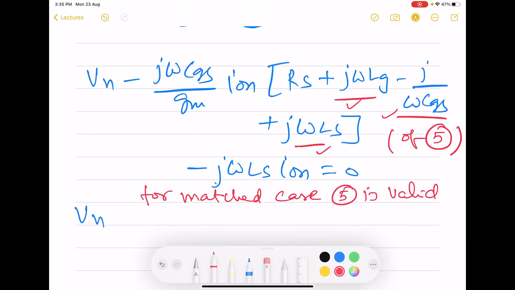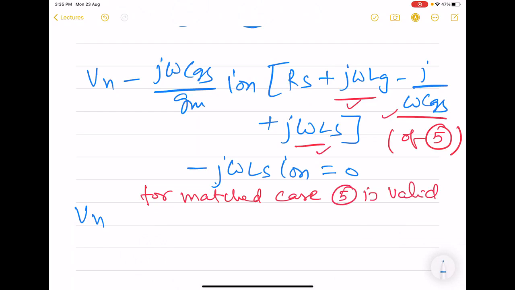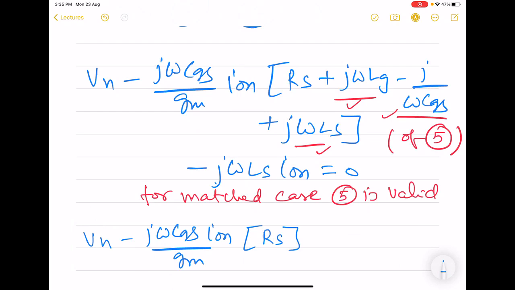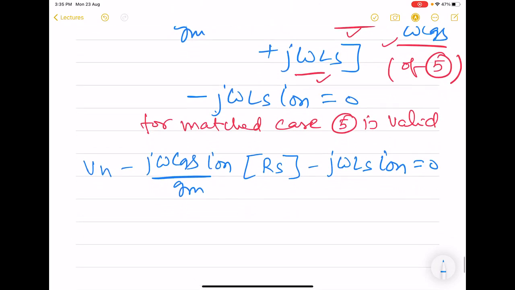So now we can write Vn minus j omega CGS ION divided by gm. What is left here is only Rs minus j omega Ls ION is equal to 0.